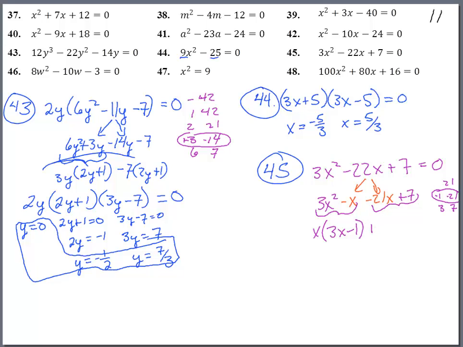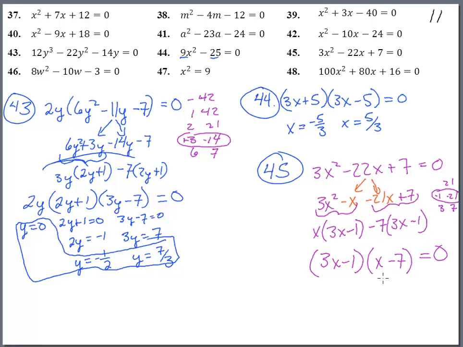We want to pull out that same sign, so we want to pull out a negative 7. That will allow this 3x to match up with that 3x. And look, we do get it. 3x minus 1 gets pulled out, from x minus 7.